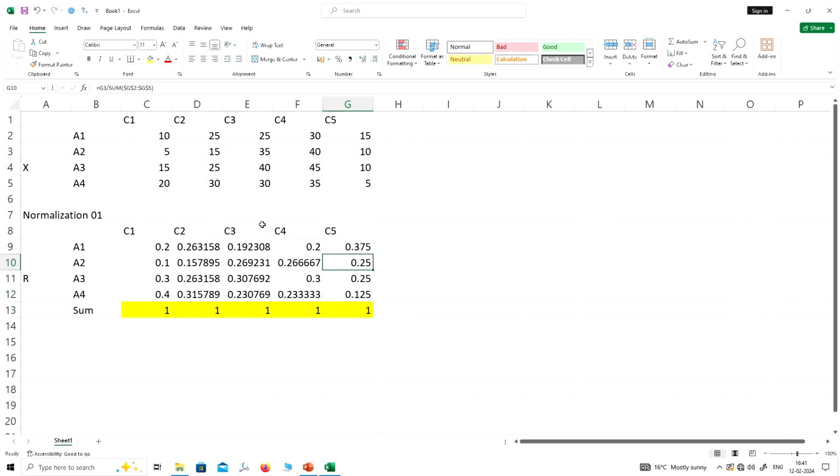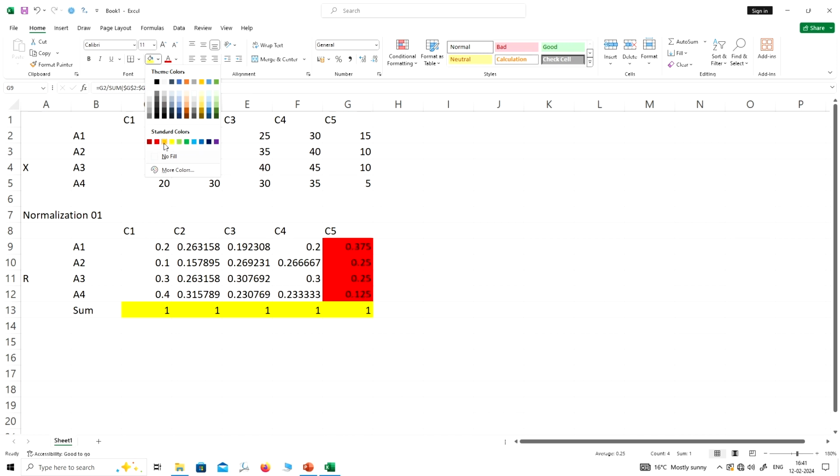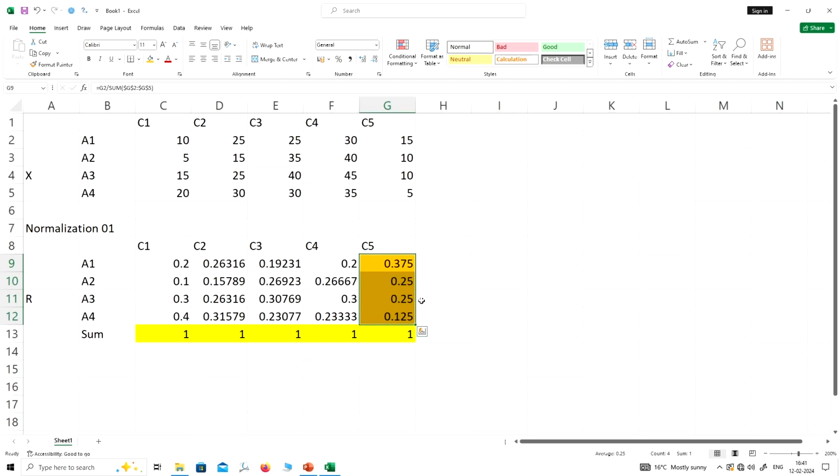Now, what does technically normalization mean? If I consider this, which I will just highlight with a color, but I will remove the color accordingly. If I consider criteria 5 only, on the normalized scale or so-called importance scale, for each alternative, these are not the weights for criteria.